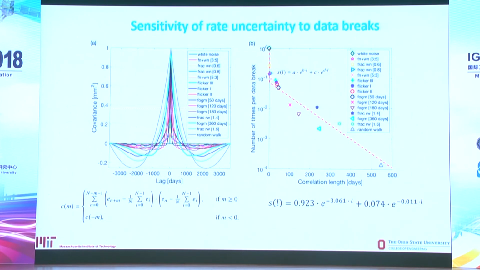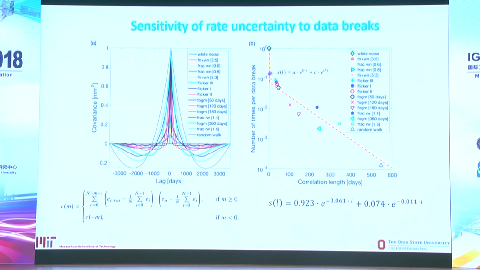Then we can plot this estimated correlation length against the sensitivity for each of the models. From this figure, we can see this green dot indicates white noise. It has the greatest sensitivity, but when a very weak correlation exists in the noise, the sensitivity decreases dramatically.